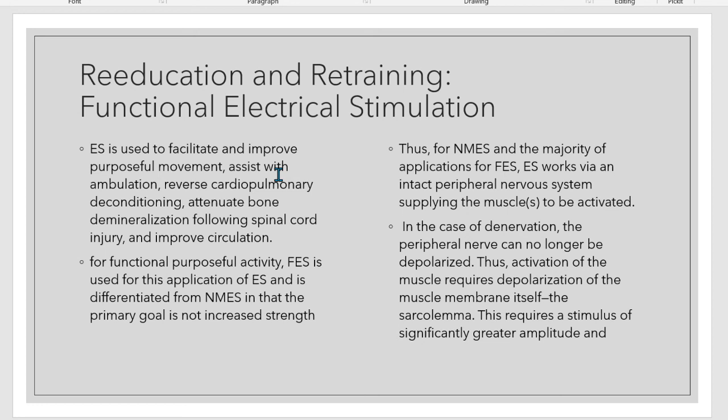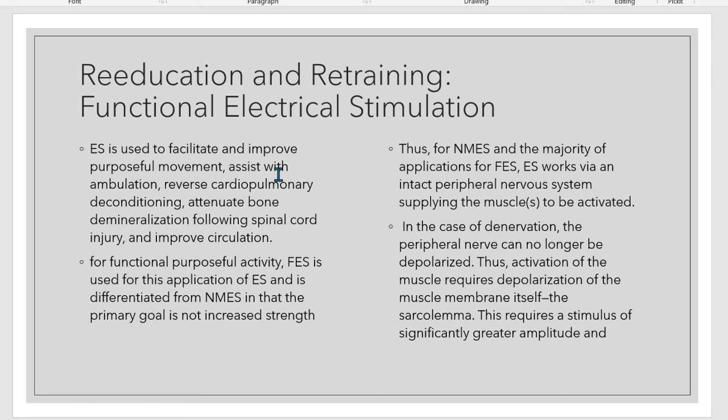So that is for NMES and the majority of application for FES. ES works via an intact peripheral nervous system supplying the muscles to be activated. So that is important. If you use this for re-education, retraining, and strengthening, it is important that your peripheral nervous system is intact.